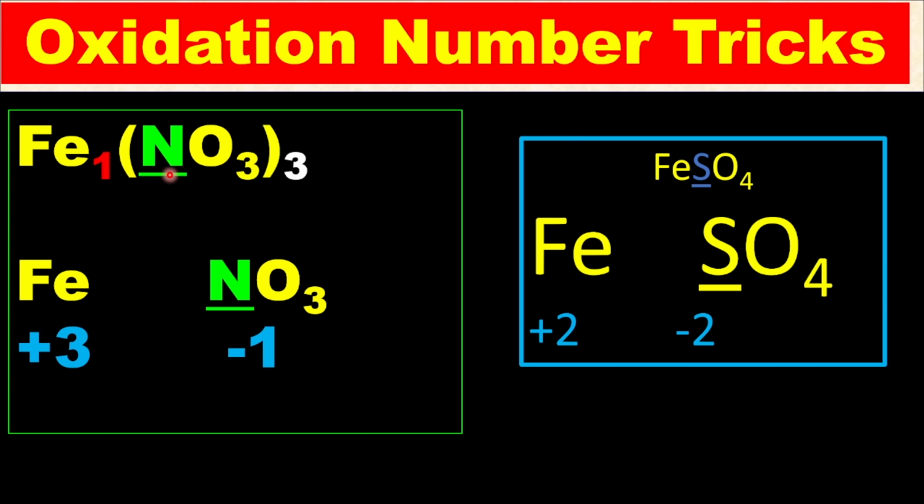Now let's look at the last set. So with this one, I've indicated the 1 as I mentioned earlier on. So we are looking for the oxidation number for nitrogen. Now we go, as I said, we ignore the number that is attached to the radical. So from what we have here, you could see that Fe gave 3 to NO3.